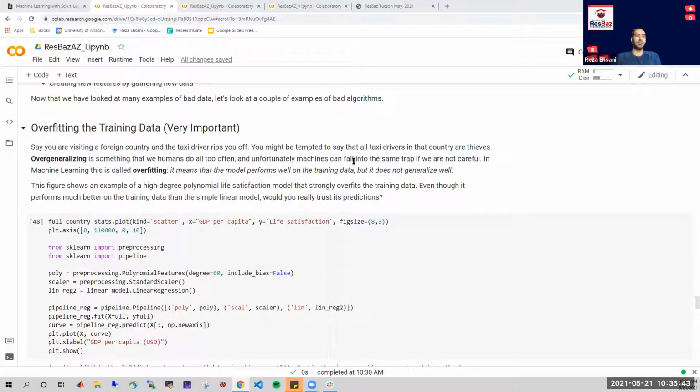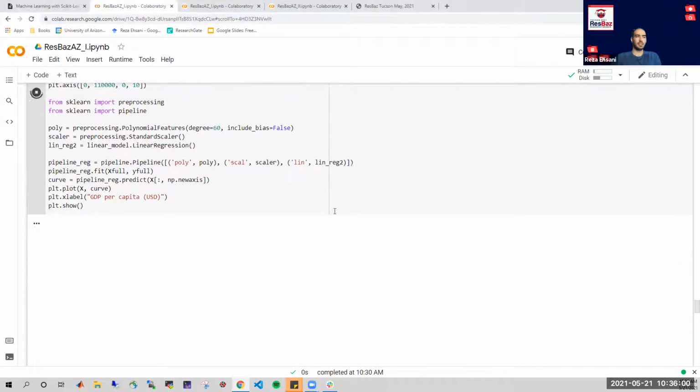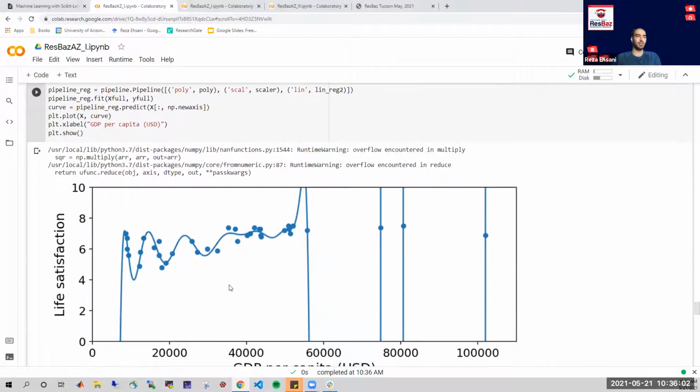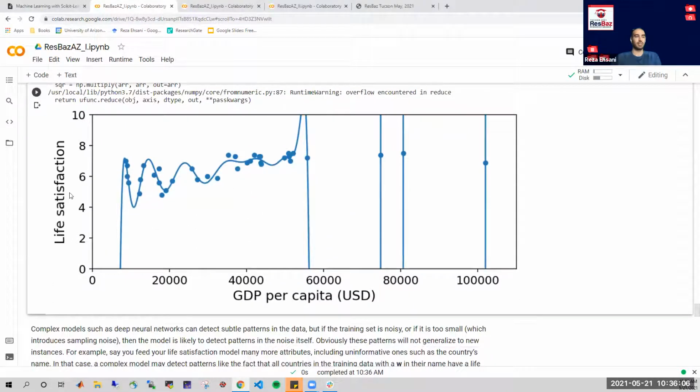We have exactly the same problem in machine learning jargon, which is called overfitting, and it means that the model performance on training data is much higher than its performance on the test set. I have provided an example here. This is exactly the same set we were using, predicting the life satisfaction index based on GDP.